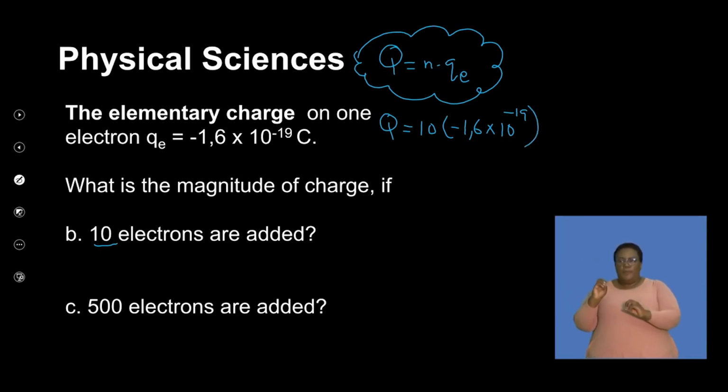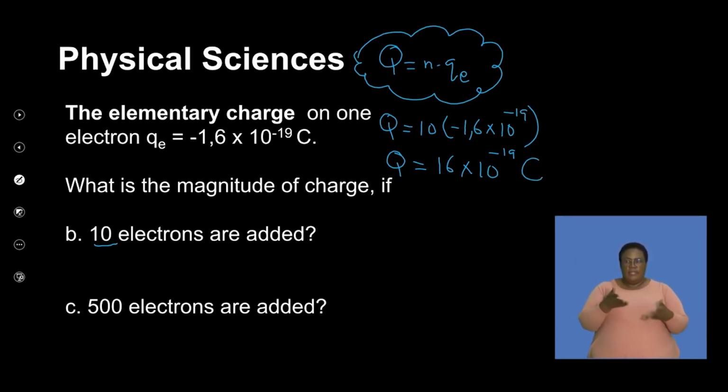So if we multiply that by 10, it gives us a charge of 16 times 10 exponent negative 19 coulombs. That's exactly what happens there, and even if we put it to one decimal place, this will be equal to negative 1.6 times 10 exponent negative 18.